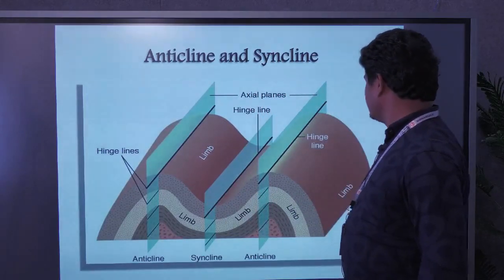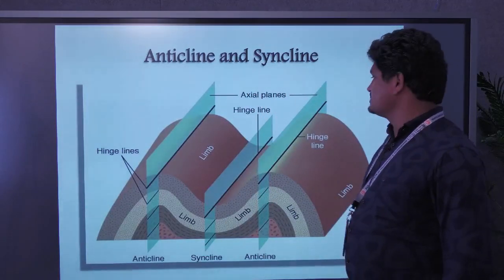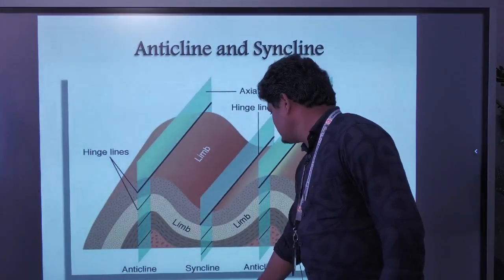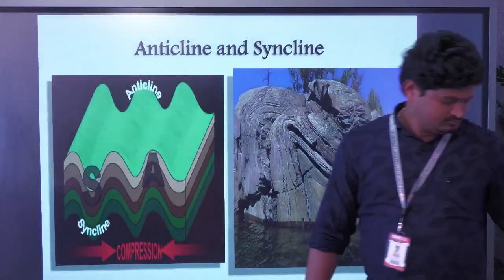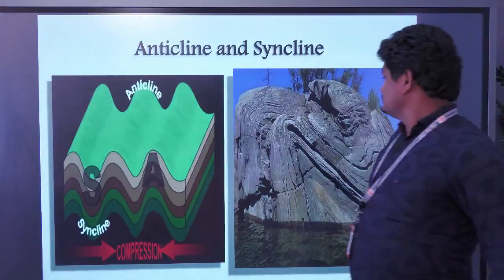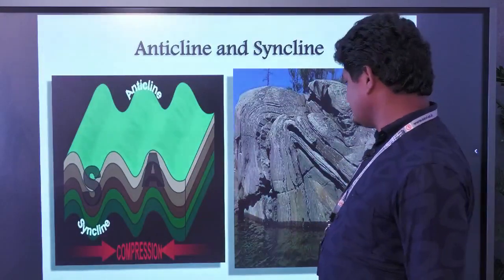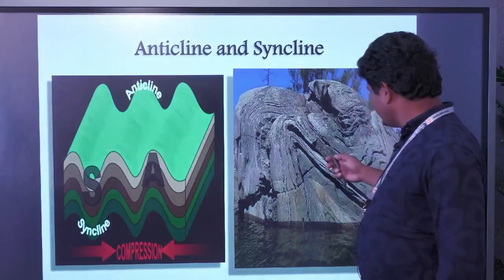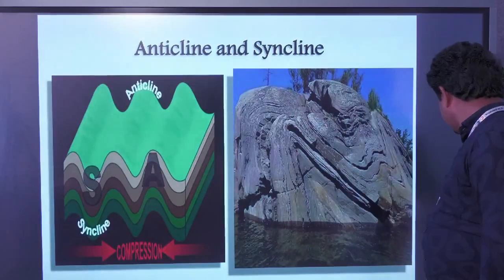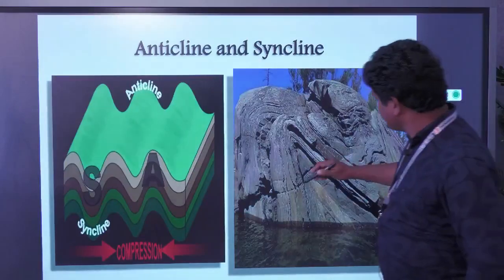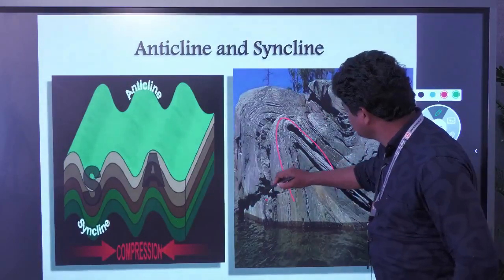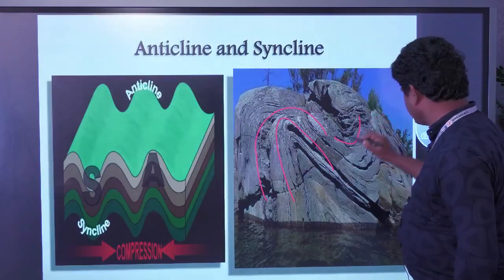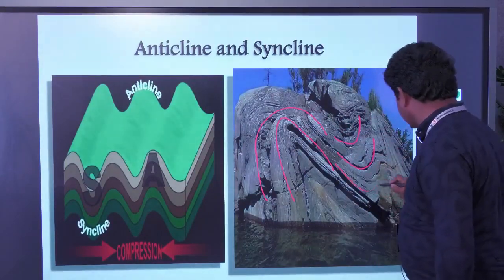This shows anticline and syncline structures in different rock masses, formed by compressional forces. In geological formations we can see these structures, and these are real examples in different materials.